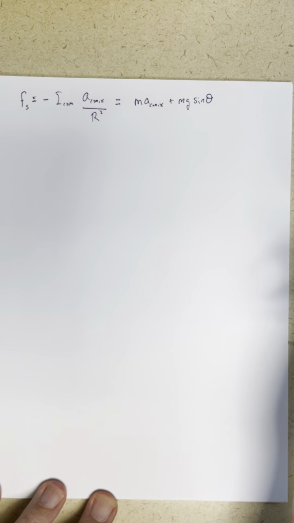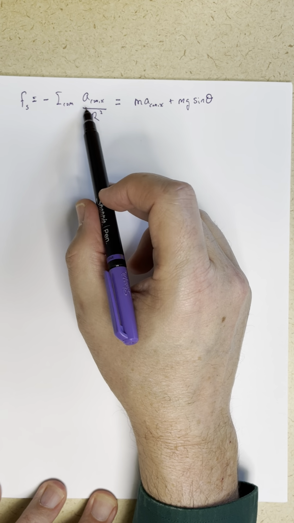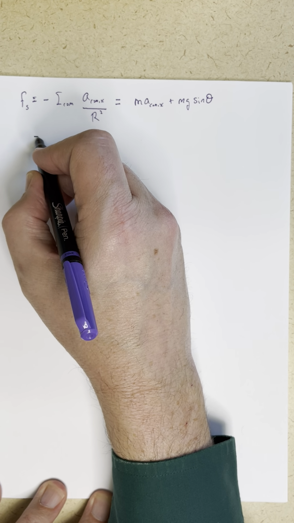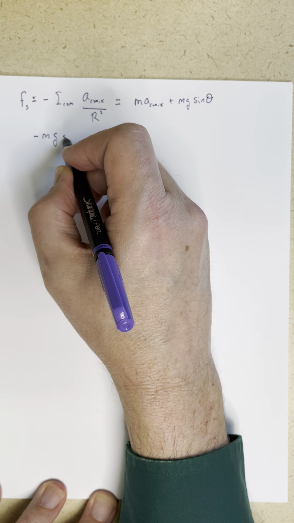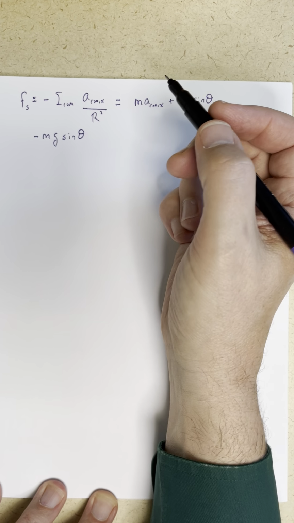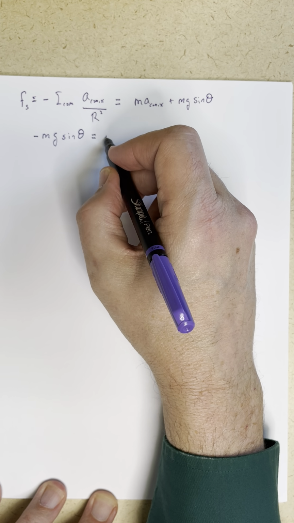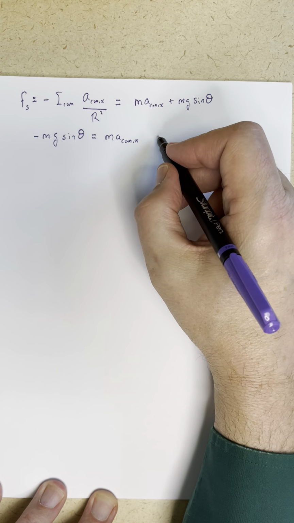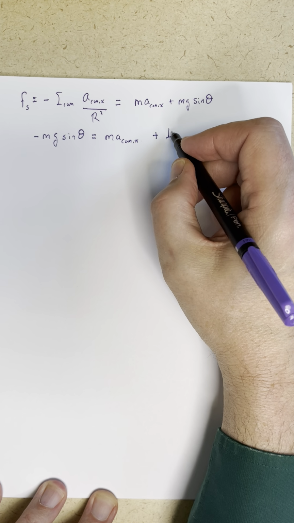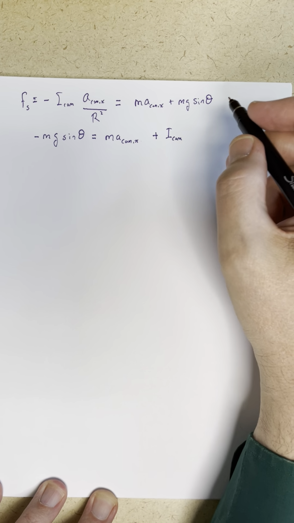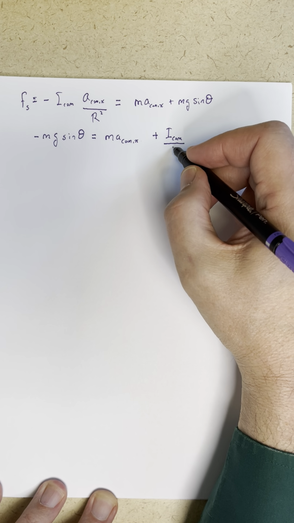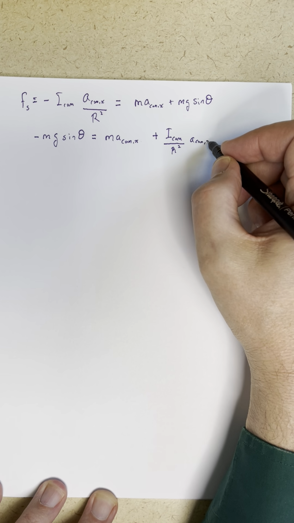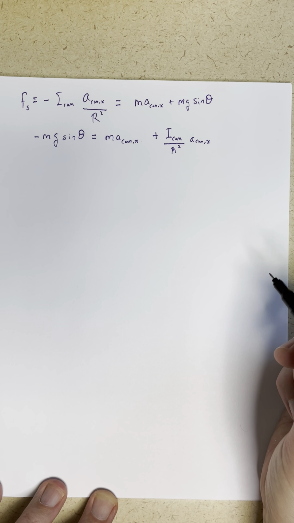Move things around, get everything that has acceleration x component on one side, everything else on the other side. We have minus mg sine of theta equals inertia of the ball, acceleration of the center of mass x component, plus rotational inertia about the center of mass over radius squared, and then again, acceleration of the center of mass x component.